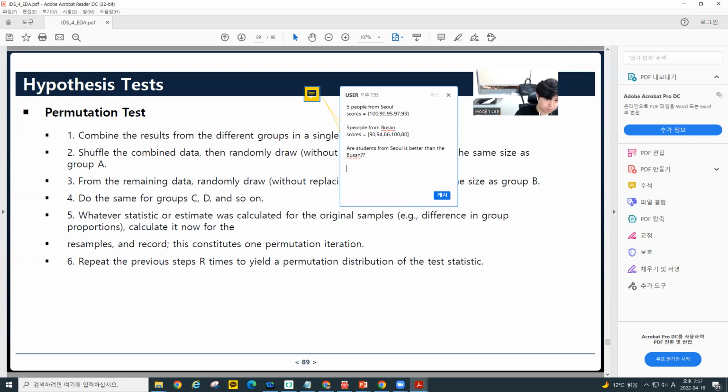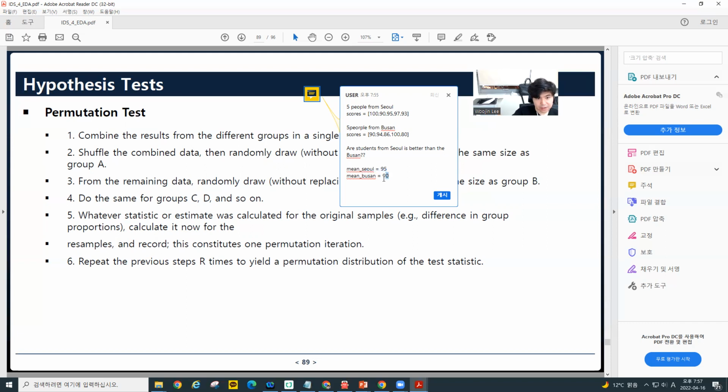The mean value of the Seoul is about 95. The mean of the Busan is about 90. This is the fact.